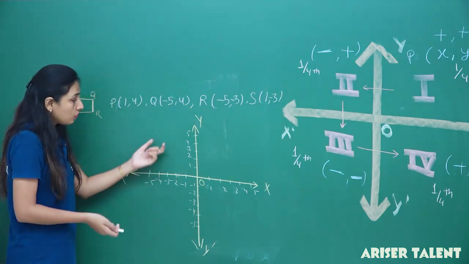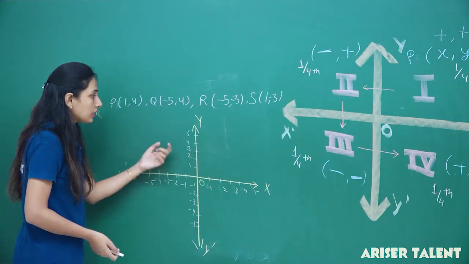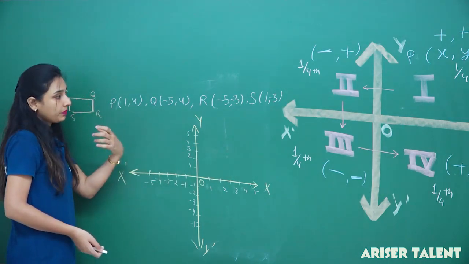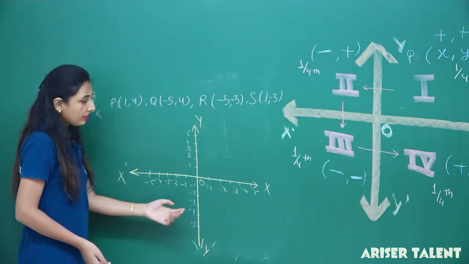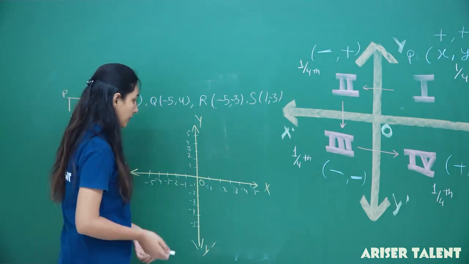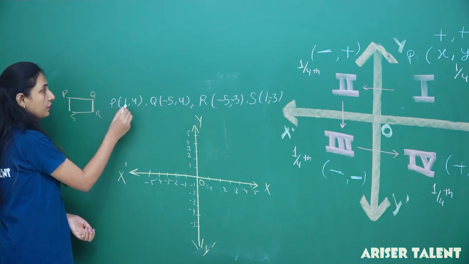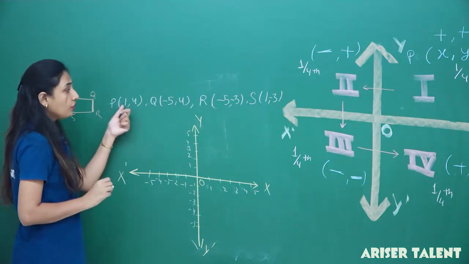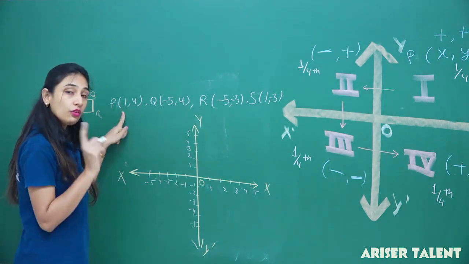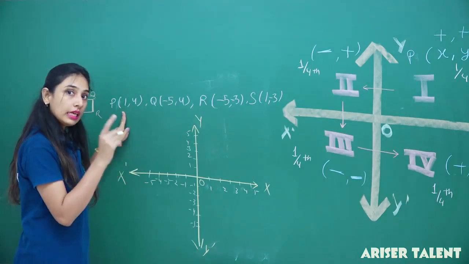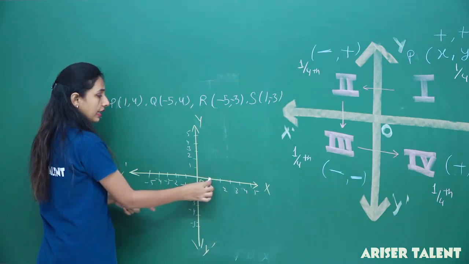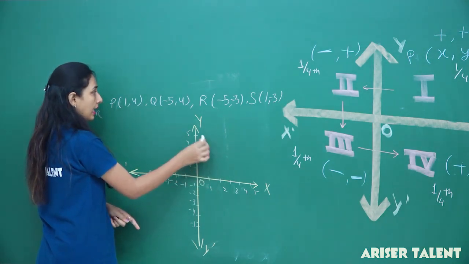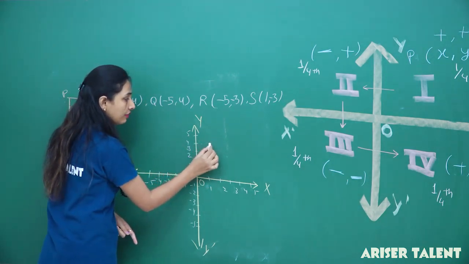Why? Because we know that this quadrant is positive, positive and the others have negative, and positive negative combinations. So we have the first point (1, 4). Now 1 and 4 both positive will go in the first quadrant, so that will be 1 here, so that line will be there, and the 4 here, so that line will be here.